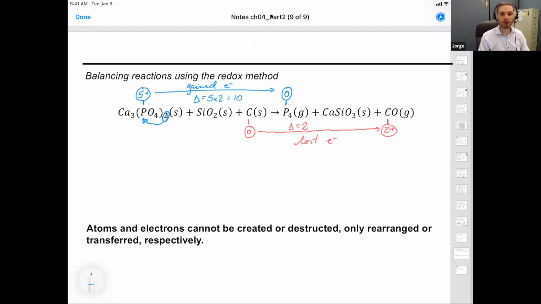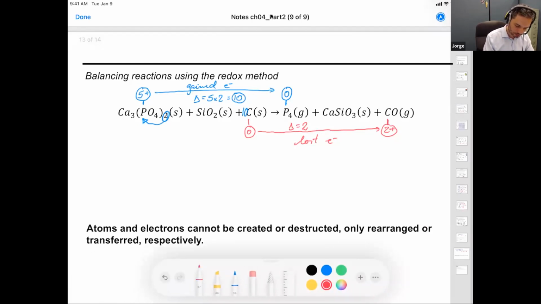Now we are going to use the deltas as the stoichiometric coefficients, and it's simply a swap. The delta for the phosphorus will go to the carbon, so we have to have 10, and the delta for the carbon will go to the phosphorus, so we have 2.